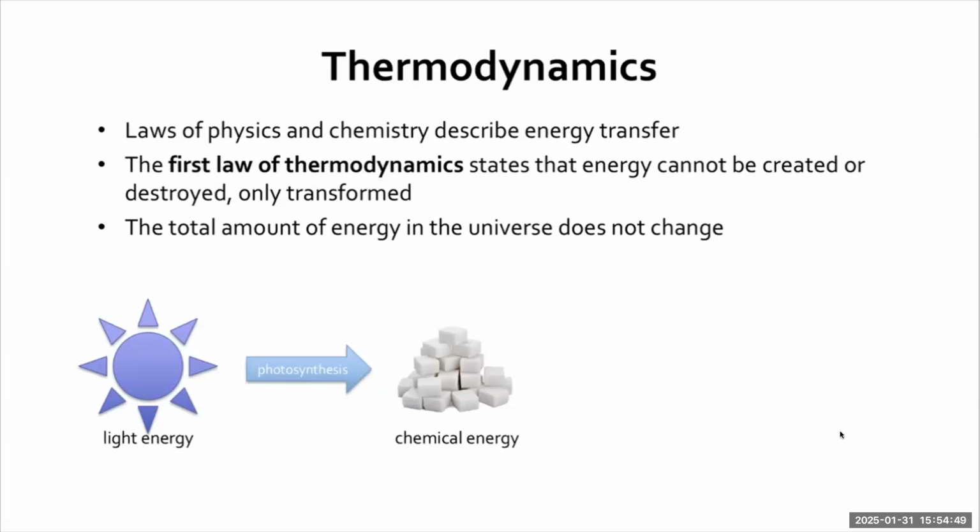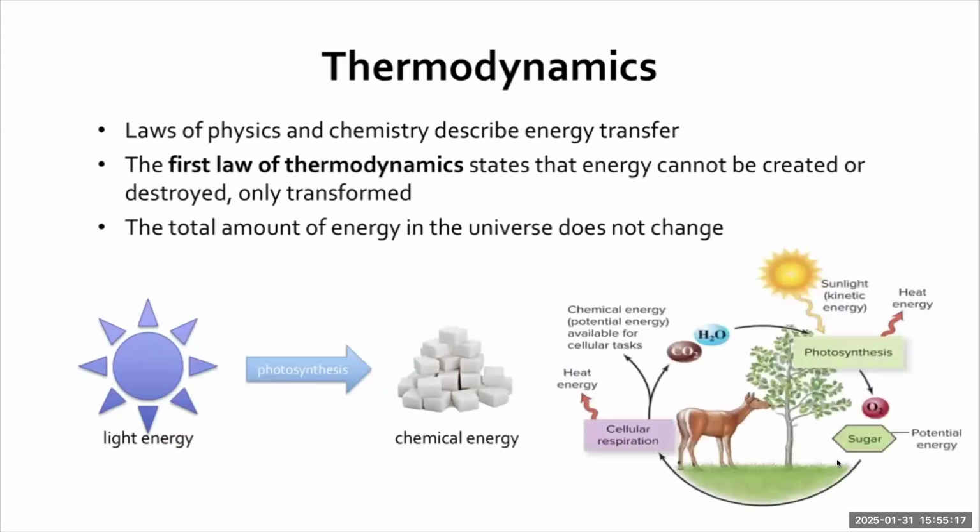What this means, and this is going to have very significant relevance to discussions we have later in the semester, is that the total amount of energy in the universe does not change. The form of it changes. Living cells can convert energy from one form to another through processes like photosynthesis and cellular respiration, but the total amount in the universe does not change.